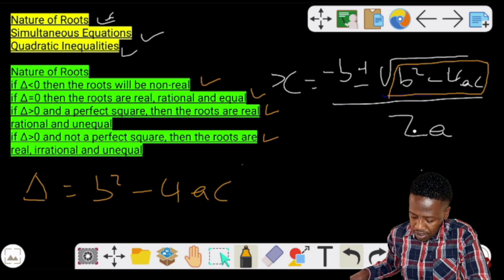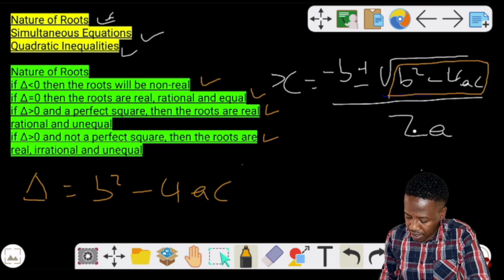Remember, the discriminant is under a root, right?